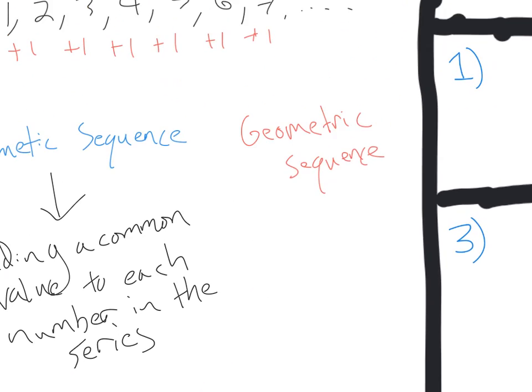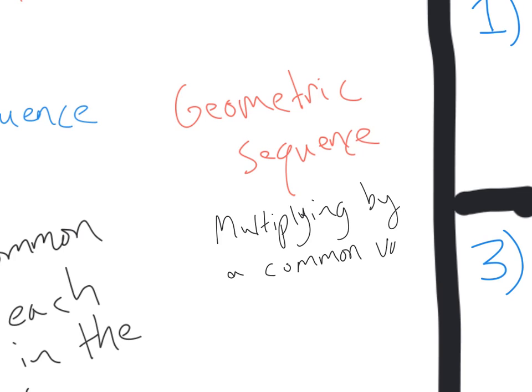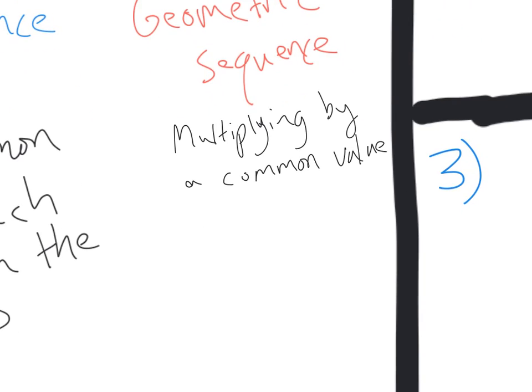So now, if we check out geometric sequence, it's very similar, but this one has to do with multiplying by a common value. If we were to check out something like this, a pretty common one: 2, 4, 8, 16, 32, and so forth and so on.